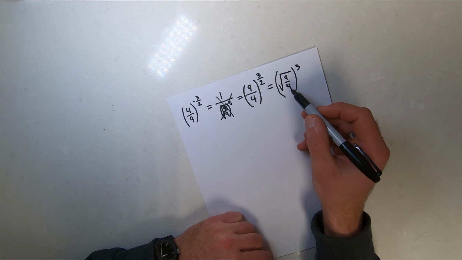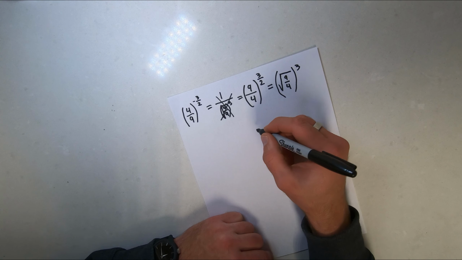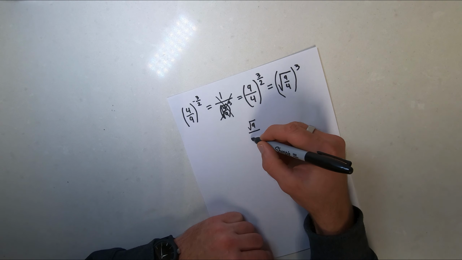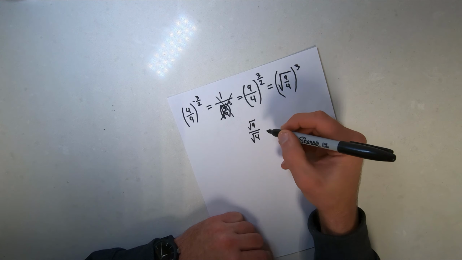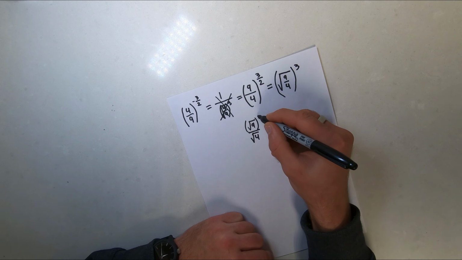We also realize that the square root of 9/4 is the same thing as the square root of 9 divided by the square root of 4. And of course we also have that cubed.